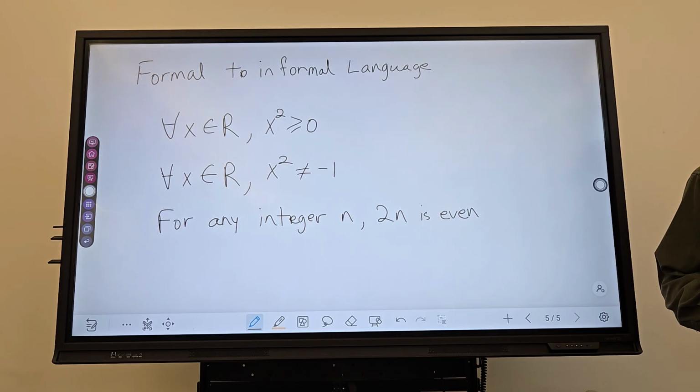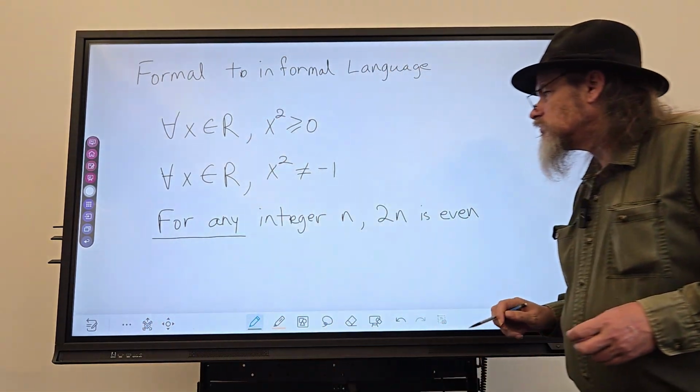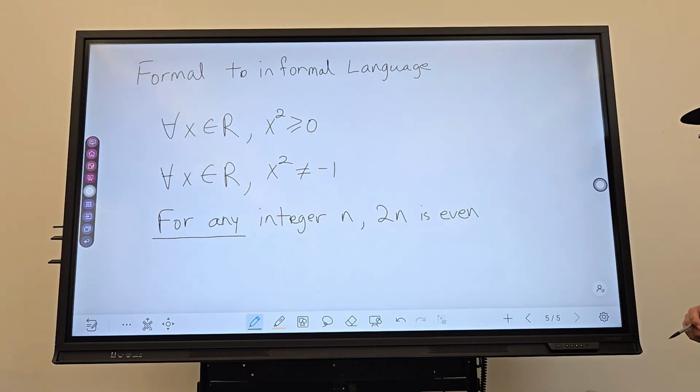Where's the quantifier? What words indicate a quantifier? Exactly, for any. So you would say twice any integer is even. There's lots of ways to say it informally.